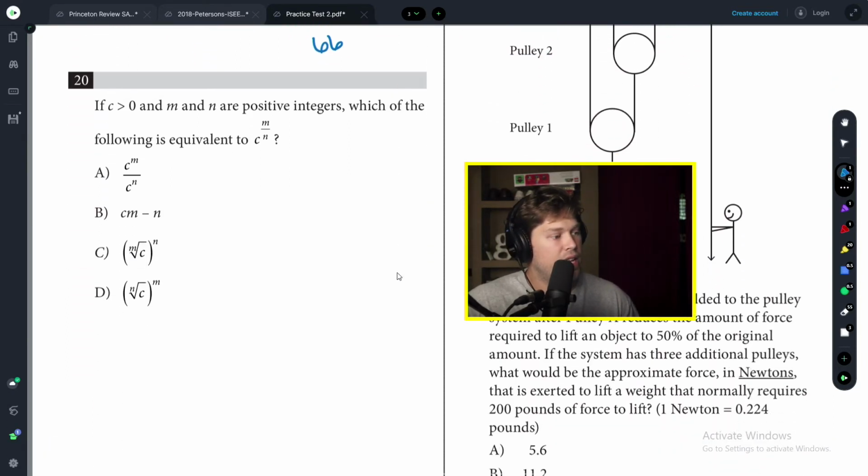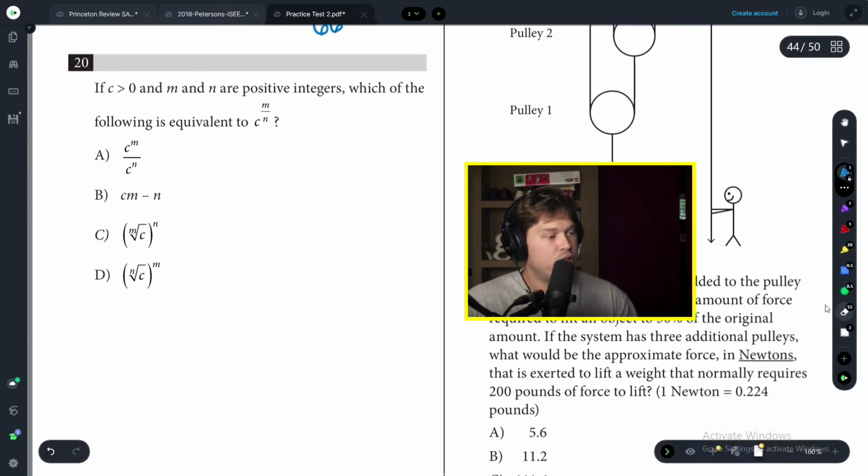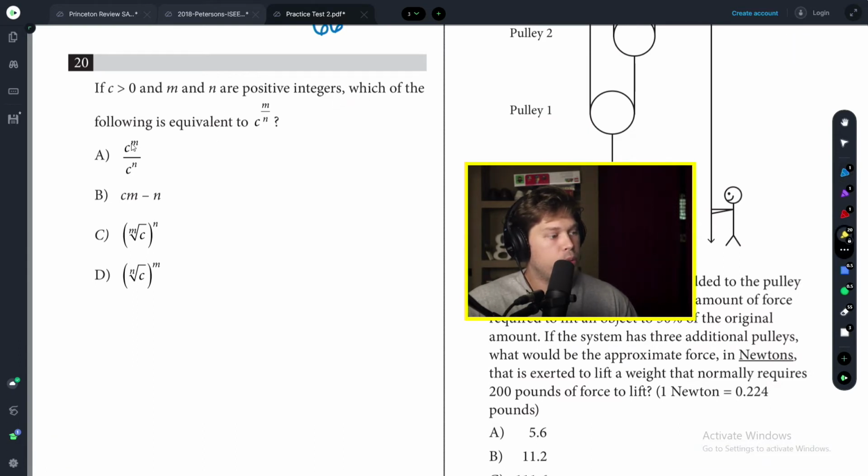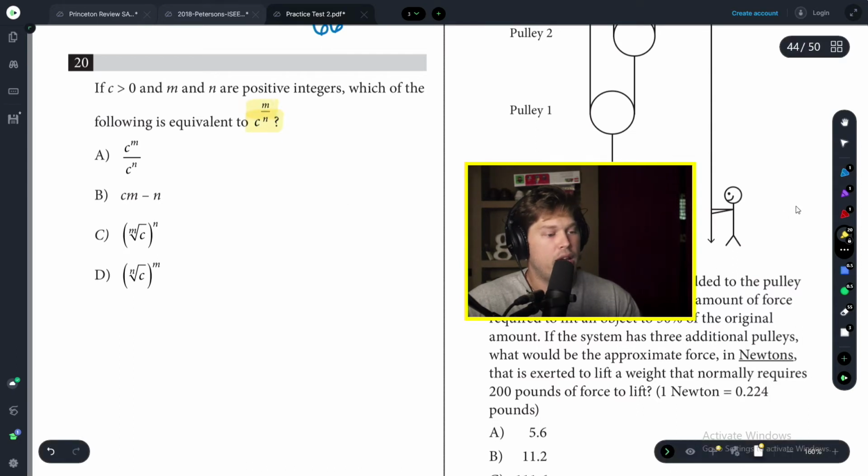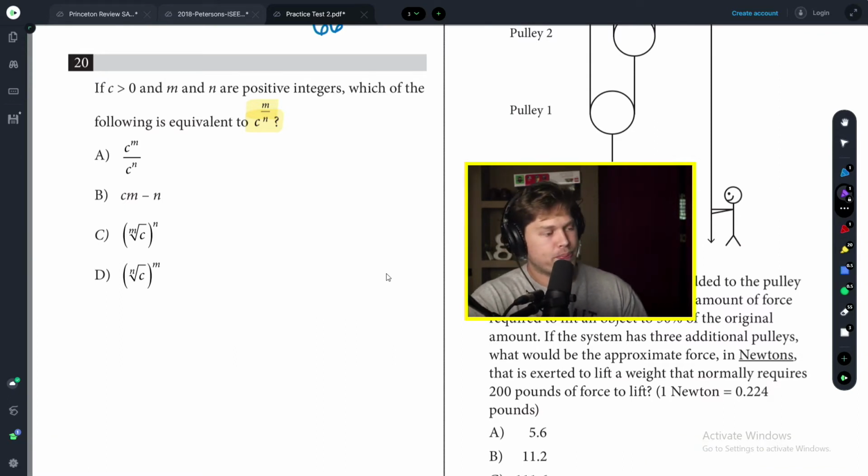Excellent. Number 20. If c is greater than 0 and m and n are positive integers, which of the following is equivalent to c raised to the m over n? Okay, so this is just knowing your fractional exponent rule.